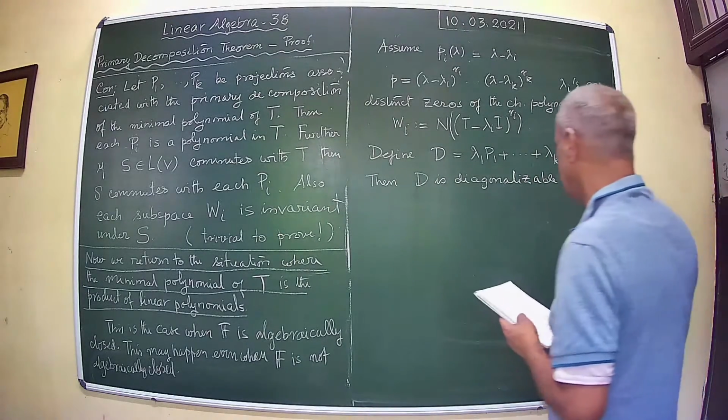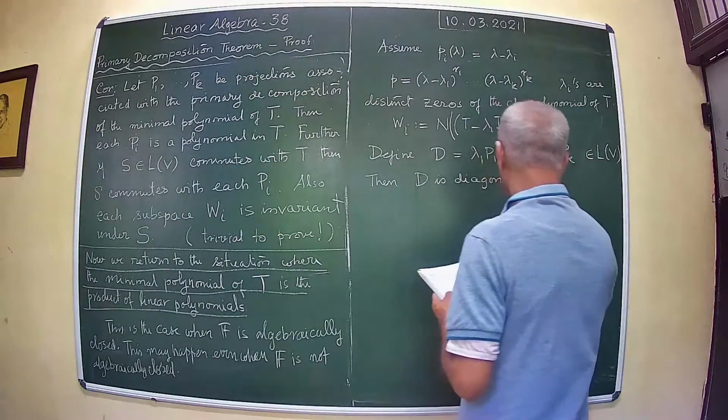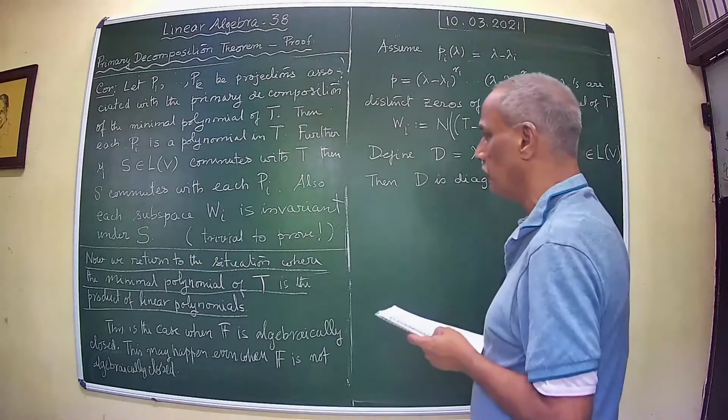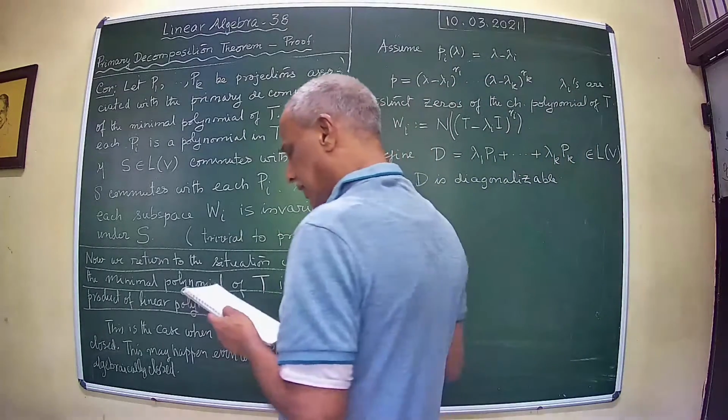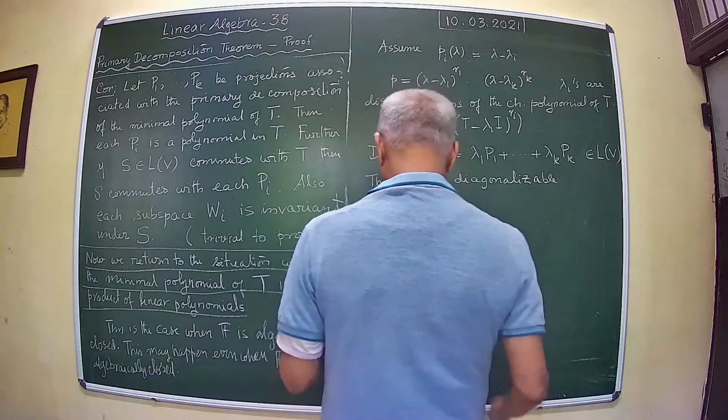So you have W1 plus W2 etc. equal to V. That's what we have. V is the range.